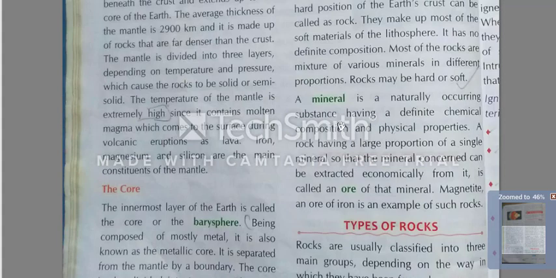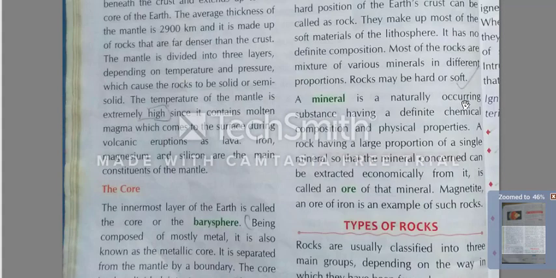Definite means fixed, F-I-X-E-D. A mineral is a naturally occurring substance means the material which occurs naturally.